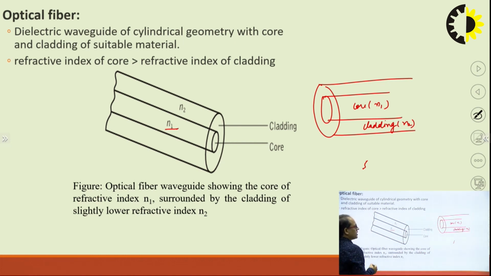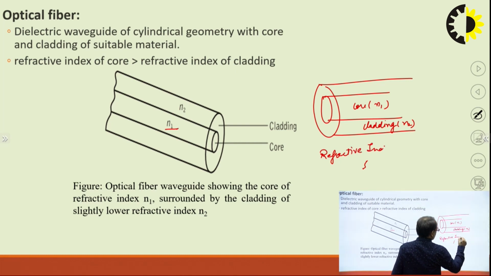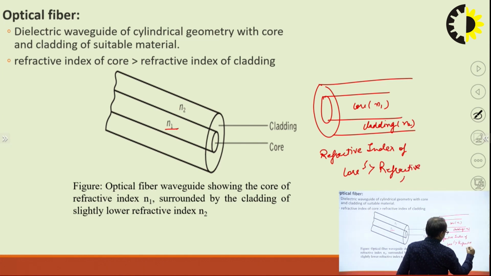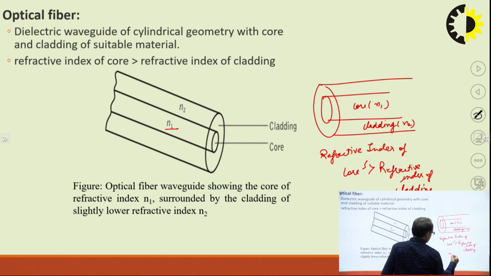For an optical fiber cable, the refractive index of the core should be greater than the refractive index of the cladding, and this is a must for transmission of signal in the optical fiber cable. That means N1 should be greater than N2.